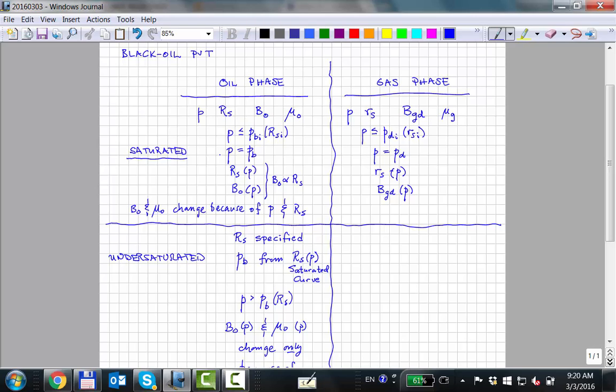What is the bubble point of that oil? You're going to say, he said it was saturated oil, therefore the pressure, 4,000 psi, must be its bubble point pressure. So if it's saturated, then the pressure in the table is a function of pressure, which means that the oil formation volume factor, or the oil viscosity, is the property at that particular oil's bubble point. Okay?